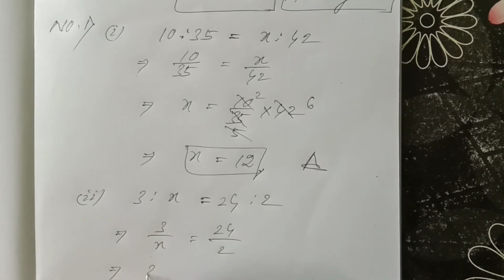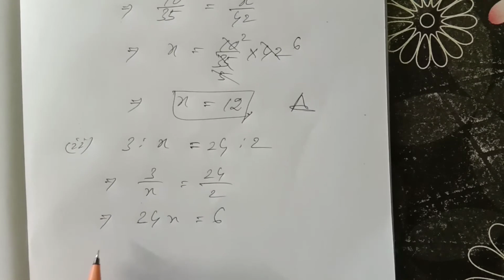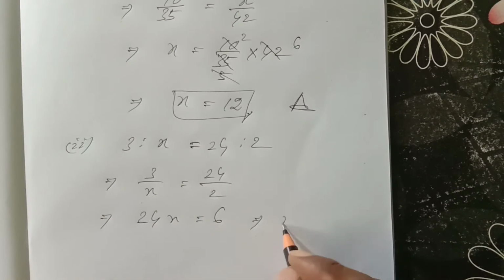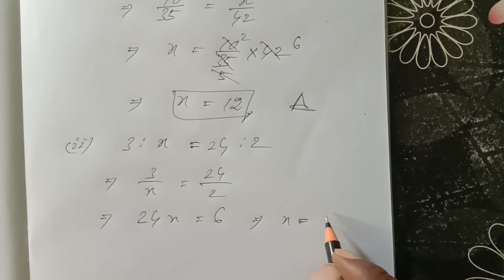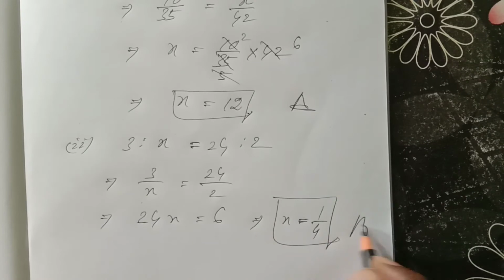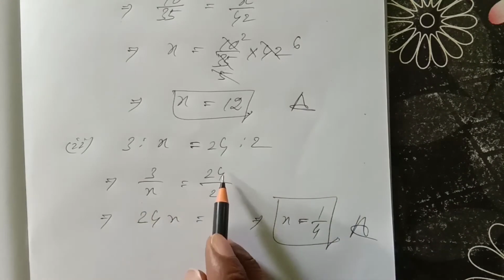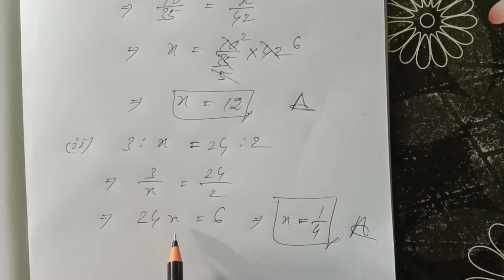After cross multiplication, 24x is equal to 2 3s are 6. So x is equal to 6 by 24, which means 1 by 4 is the answer.